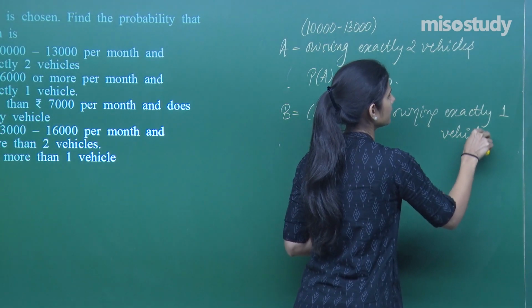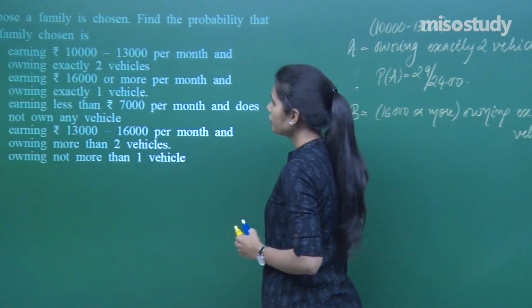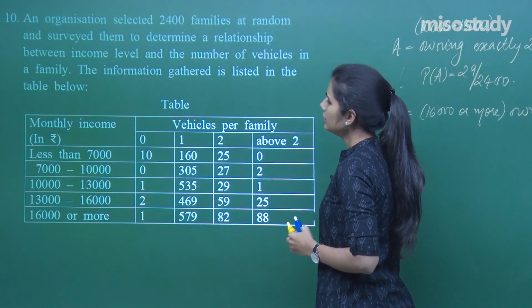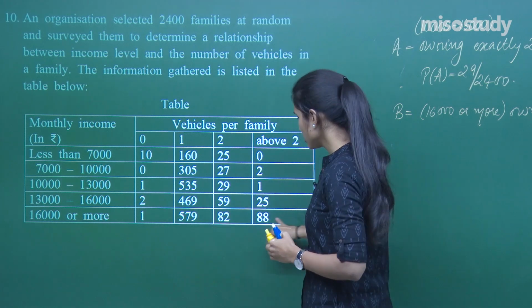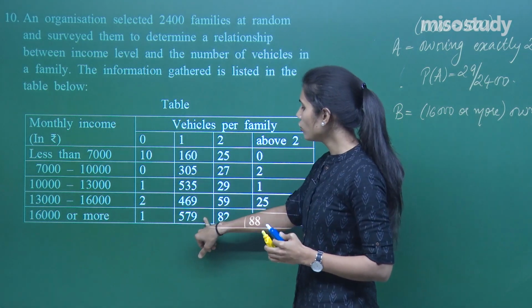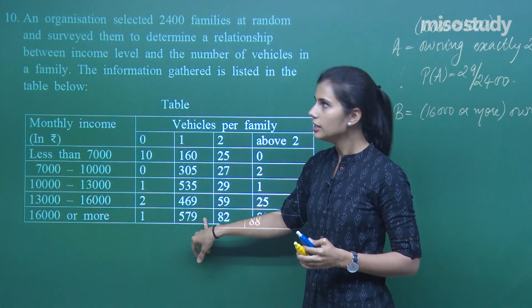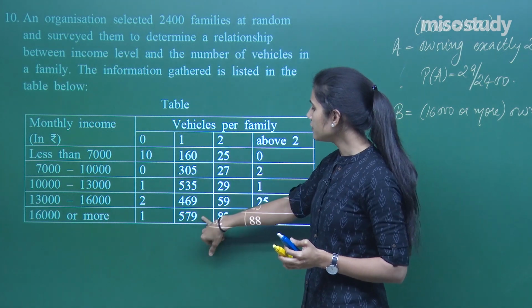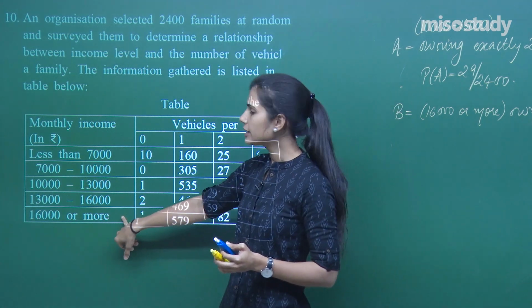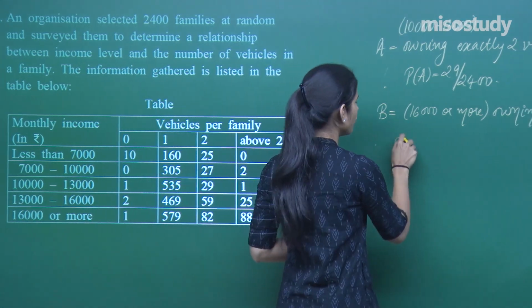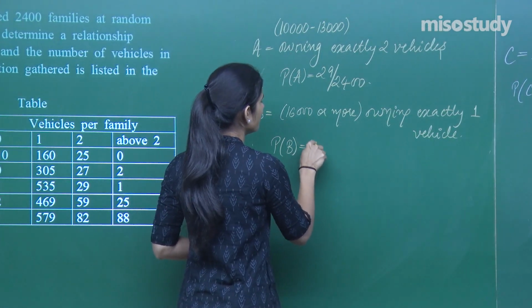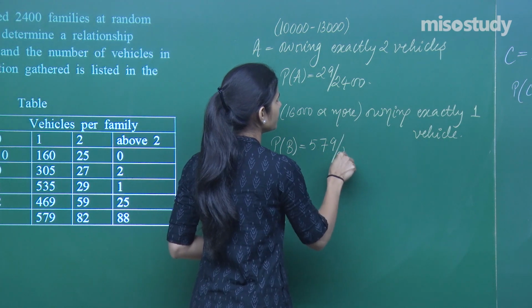Out of 2400 families, owning 16,000 or more is this range. Exactly 1 vehicle is being owned by 579 families. So, out of 2400 families, 579 families are earning income 16,000 or more and they have exactly 1 vehicle. So, the probability of event B is 579 by 2400.